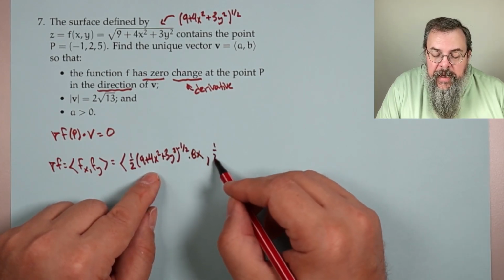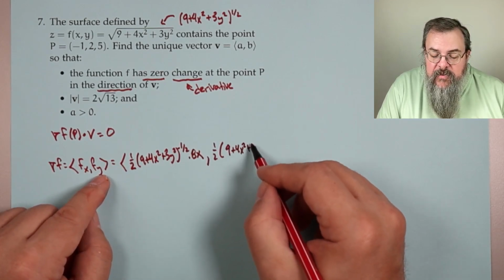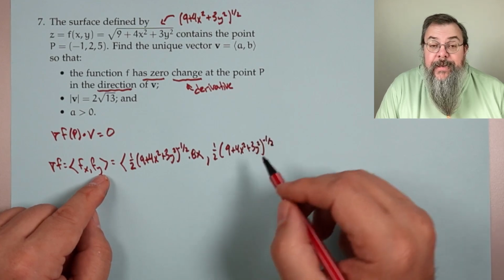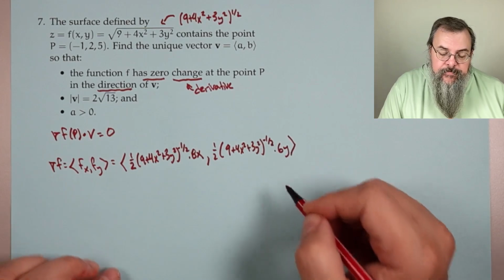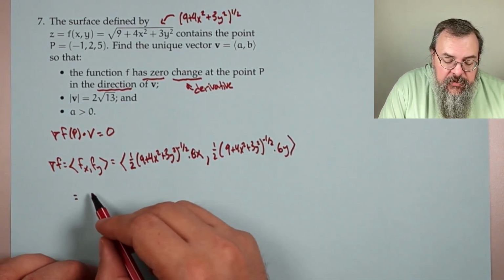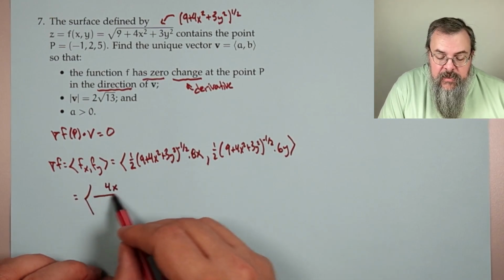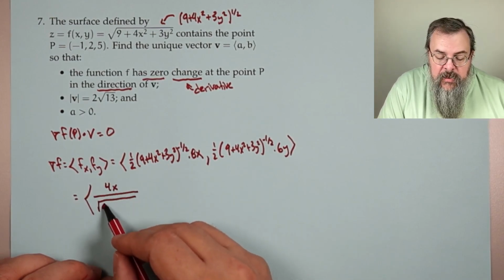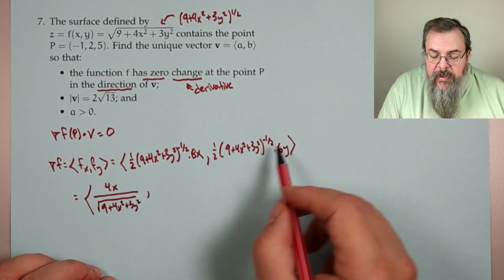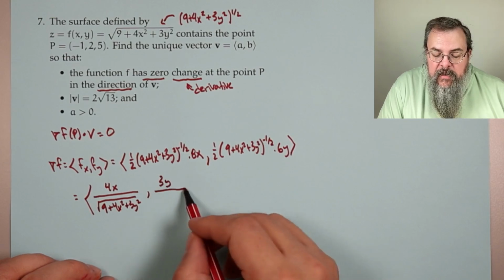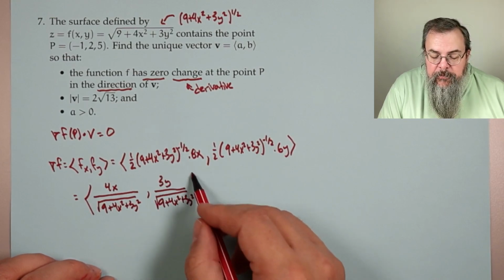Similarly, 1/2, now taking the derivative with respect to y, 9 plus 4x squared plus 3y squared to the -1/2 times the derivative of the inside with respect to y, 6y. So this gives us 4x, because 1/2 times 8 is 4, over the square root of 9 plus 4x squared plus 3y squared, comma, half times 6 is 3y, divided by the square root of 9 plus 4x squared plus 3y squared.